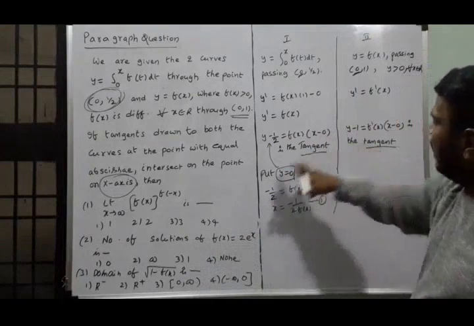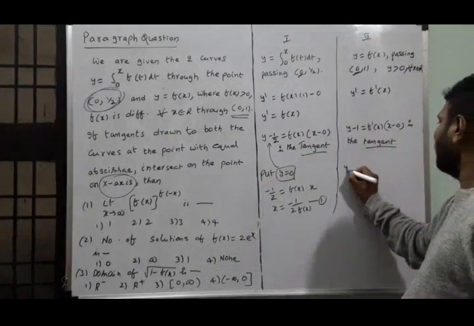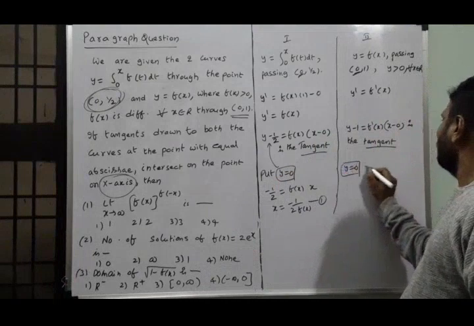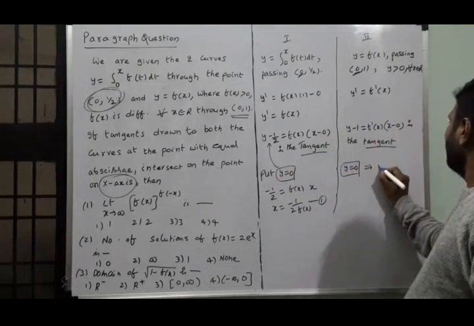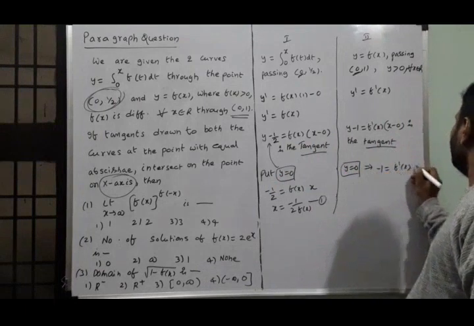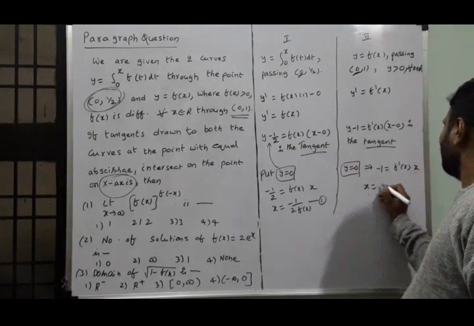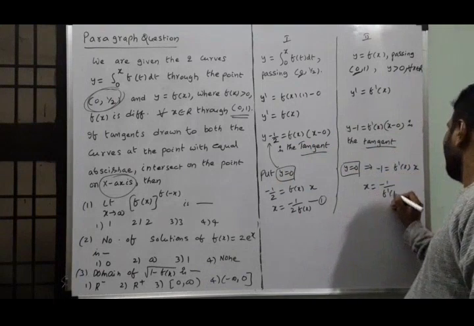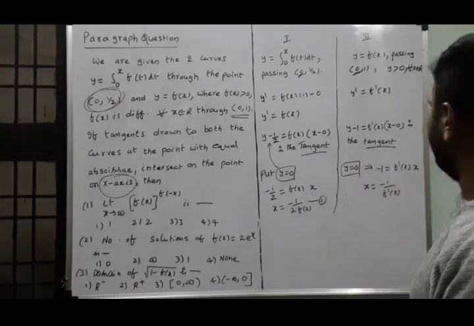In a similar way, substitute y = 0 in the second tangent: minus 1 is equal to f'(x) times x, so x = -1/f'(x).